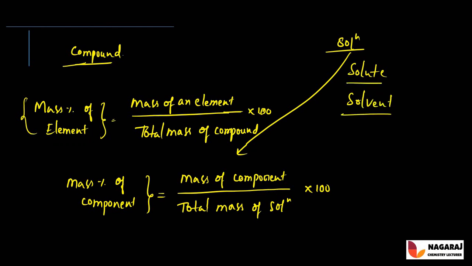So in order to calculate the mass percentage of the solute, let us take the formula: mass of the solute divided by total mass of the solution. The solution contains the mass of the solute as well as the mass of the solvent. That is, total mass of solution is always equal to the mass of the solute plus the mass of the solvent, into 100. Let us see how to calculate the mass percentage of the element as well as the mass percentage of the components present in the solution.